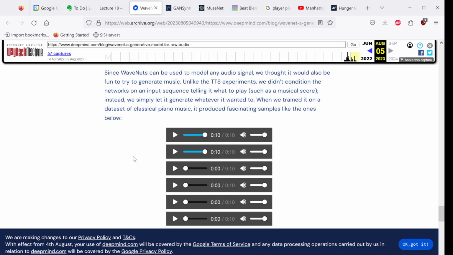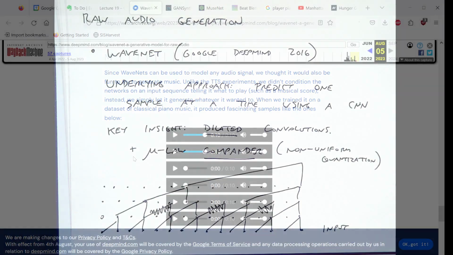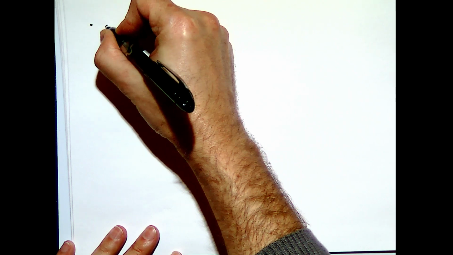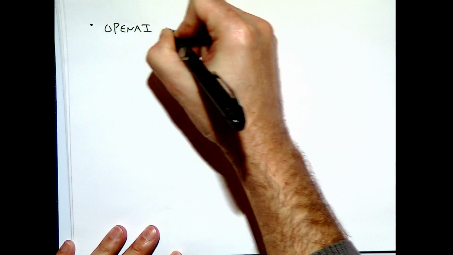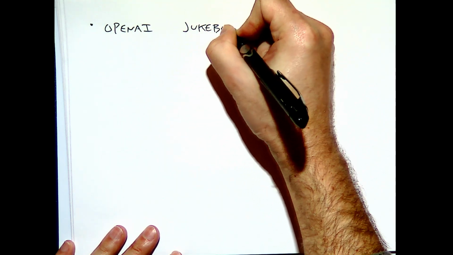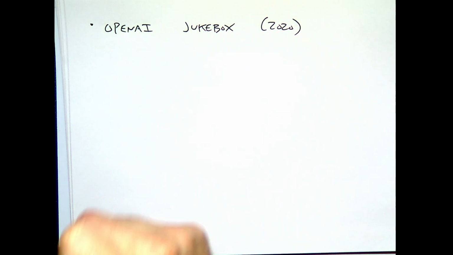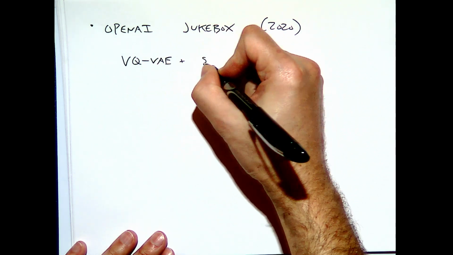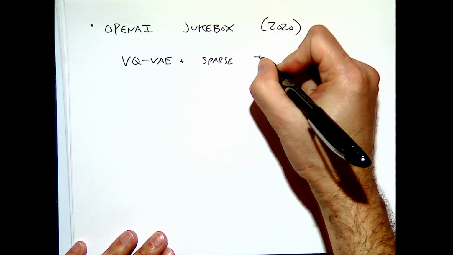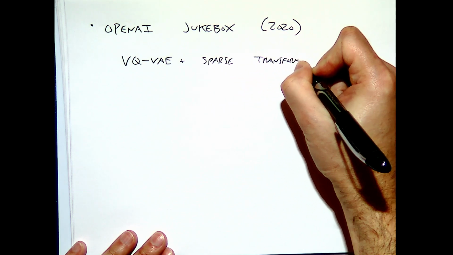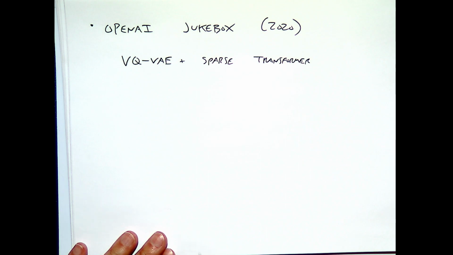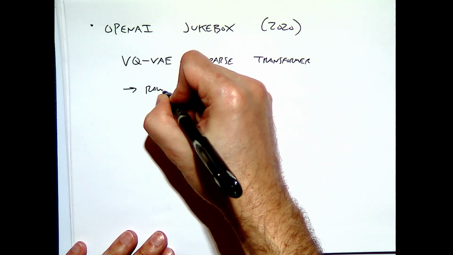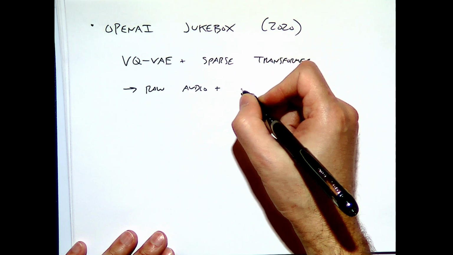Then another development that came soon after that was from OpenAI again, called Jukebox. This was in 2020. This used a combination of a VQ-VAE, which we talked about early on, and also another transformer under the hood to make raw audio plus lyrics, right?